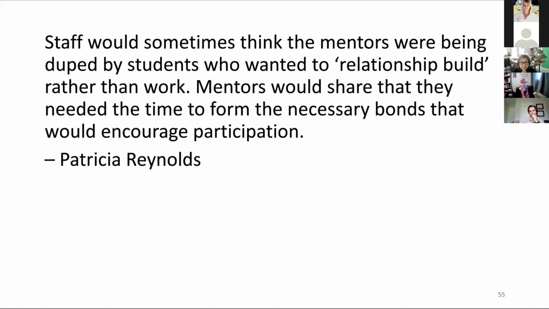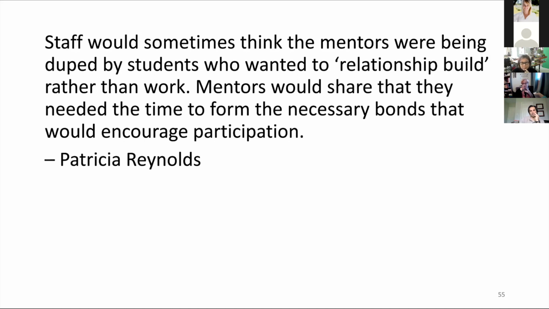And so just to provide a little bit more about what Patricia shared when it came to this quote, she said that the mentors shared with her that when students were experiencing tremendous social difficulties, at times they were just incapable of focusing on schoolwork and they needed that near peer relationship at that particular time.